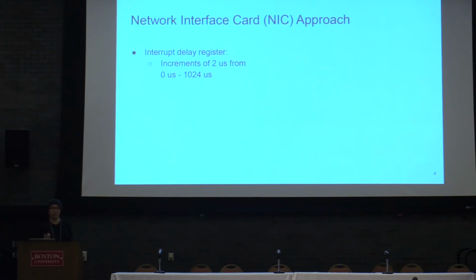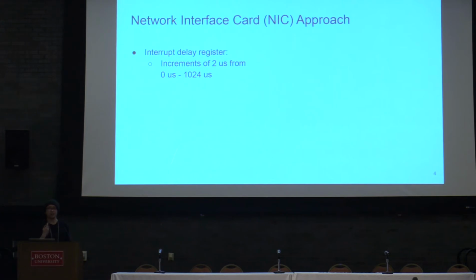On a lot of network cards, there's a parameter that lets you delay when the interrupt actually fires. The interrupt gets fired from the card to your software so that you can start processing your packets, right? On the particular card we're looking at, it has a range from 0 to about 1,000 microseconds, and you can statically tune that parameter however you want.